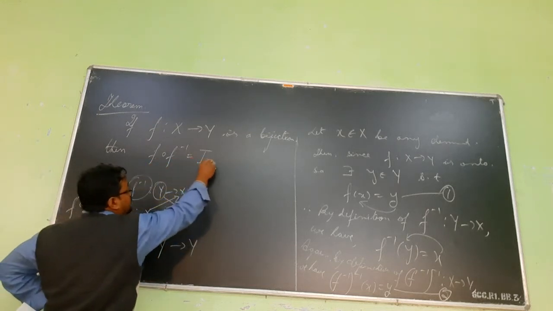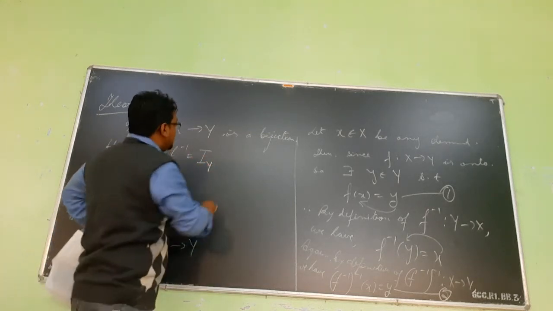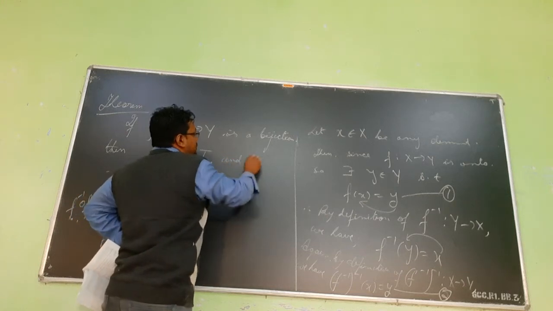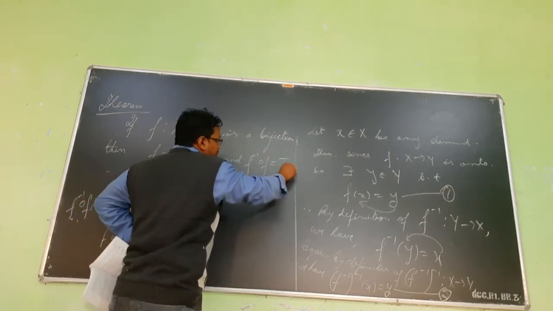So f o f inverse will be the identity function on y, and f inverse o f will be the identity function on x.